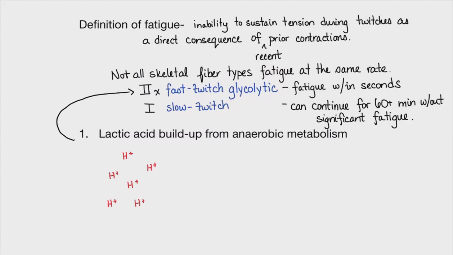Okay, so why does this cause problems? Lactic acid is an acid, and because it is an acid, it contributes a hydrogen ion to the cytosol. So when lactic acid starts building up, the pH of the cytosol starts dropping. Well, this interferes with protein folding.